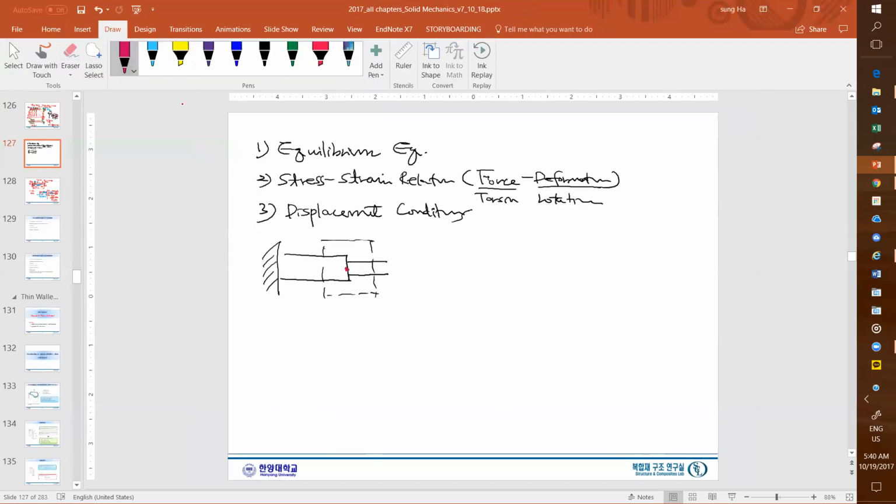And we apply the torque here, called T12. Here we have a torque T1, and here we have a torque T2.